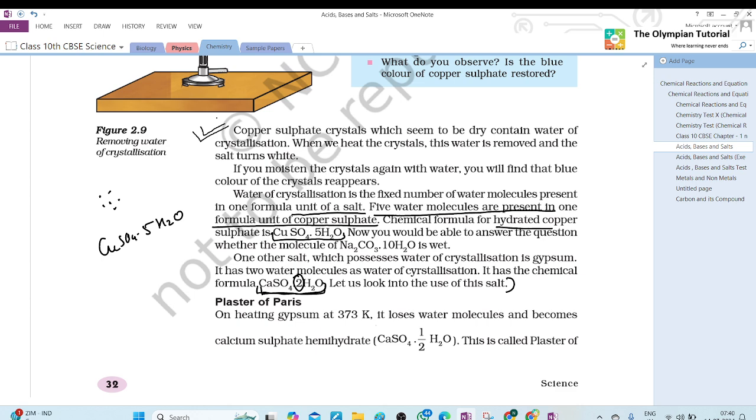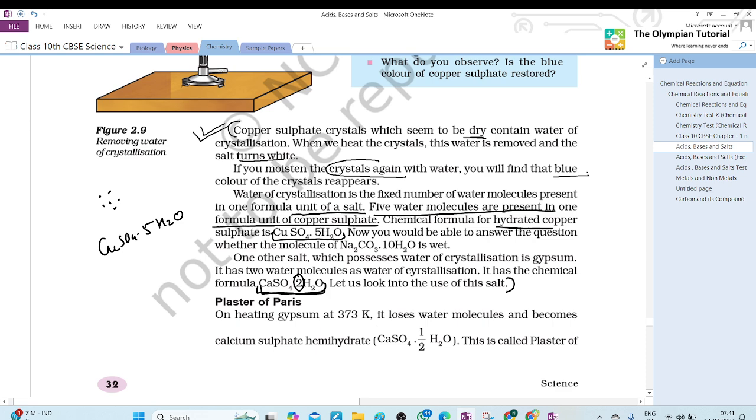If you moisten the crystals again with water, you will find that the blue color of the crystals reappears. One second, students. So copper sulfate crystals, when dry, turn white. When these crystals again gain water, they become blue again. Are you okay with it?